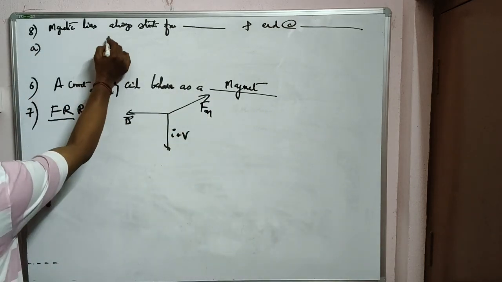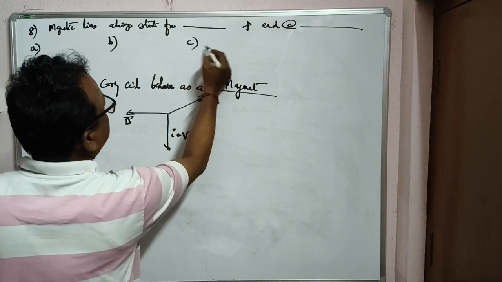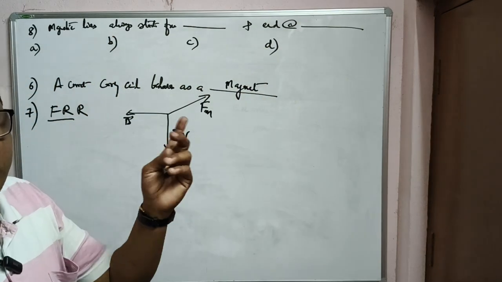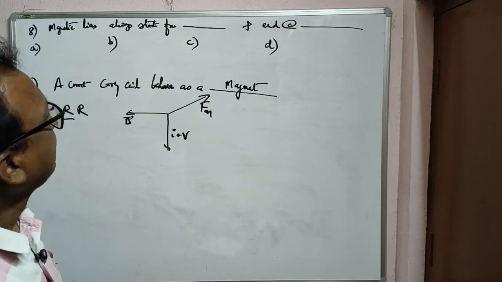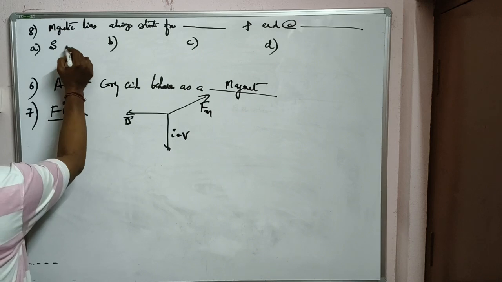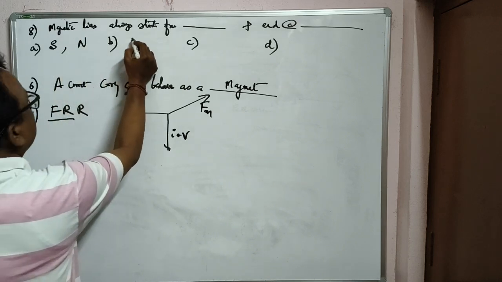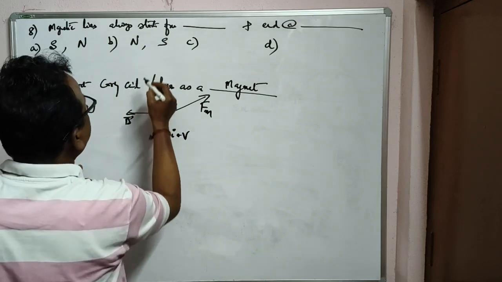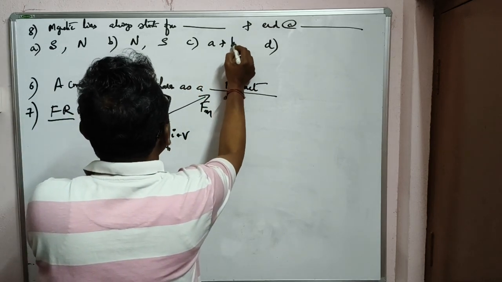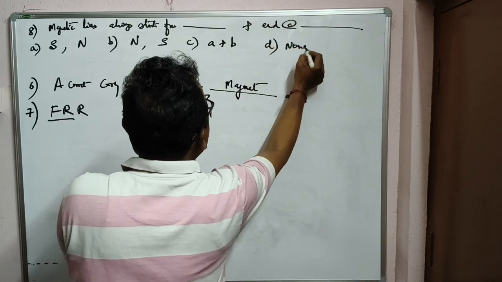If you want, I am giving choices also. A, B, C, D. Magnetic field lines always start from dash and end at dash. South, north; north, south; A and B; D, none.